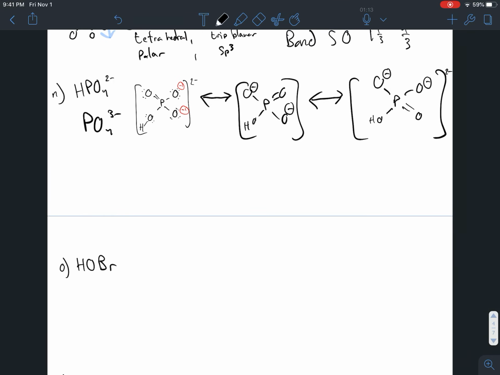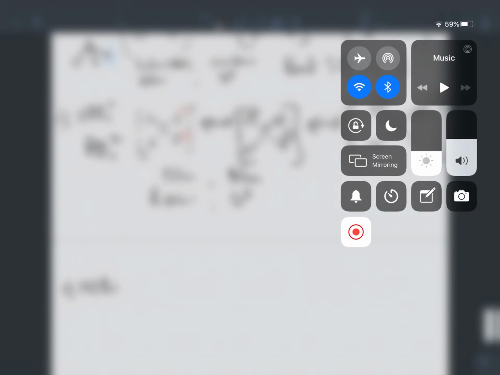Okay, I'm going to cut this video in half after I write the base shape is tetrahedral. The shape of the molecule is tetrahedral. Is it polar? It is not. Well, let's just leave it at that, non-polar. And the hybridization is sp3. Okay, stop.